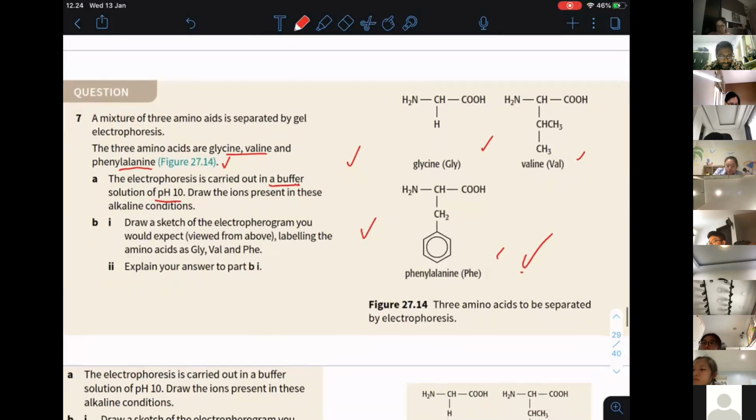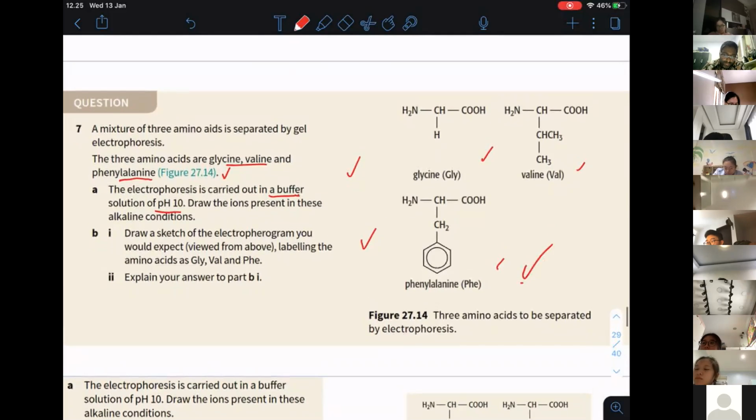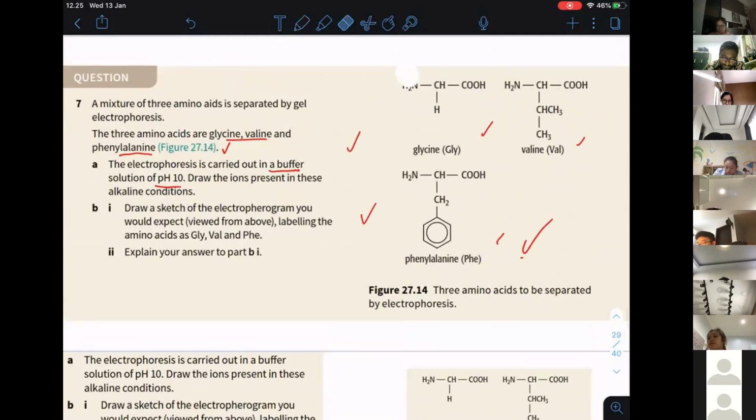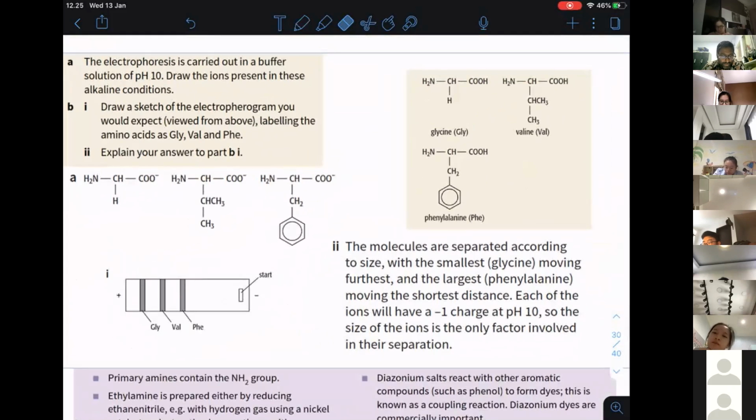So if you are going to use pH 10, we know that this is going to be NH3+. This is going to be COOH. So here, if it is at pH 10, it means that the H+ will go and react with the alkaline condition.